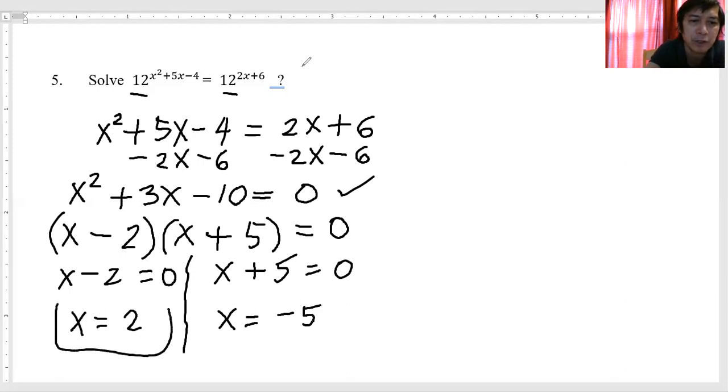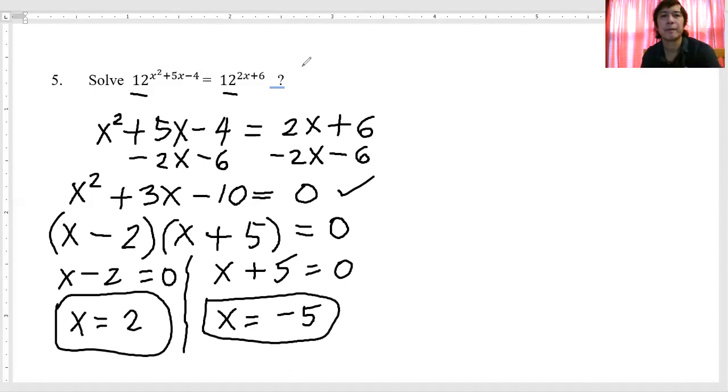So here are the answers there. Okay, this gives us the solution, and both roots are correct. So this is for number 5.